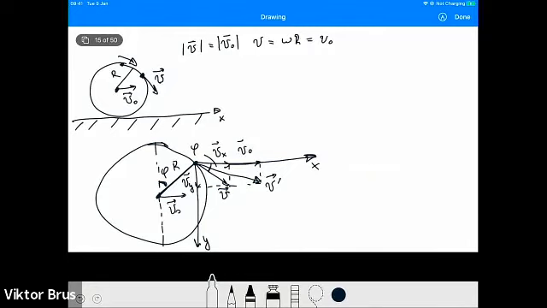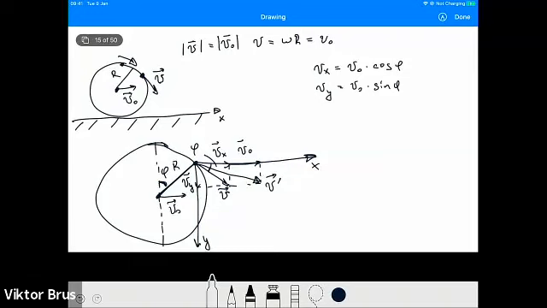That's why we can write that Vx is equal to V naught multiplied by cosine phi, and Vy is equal to V naught multiplied by sine phi.